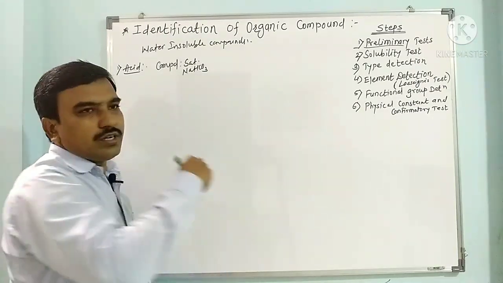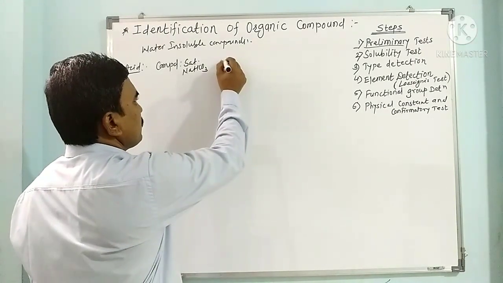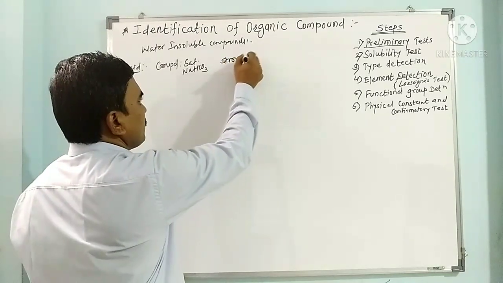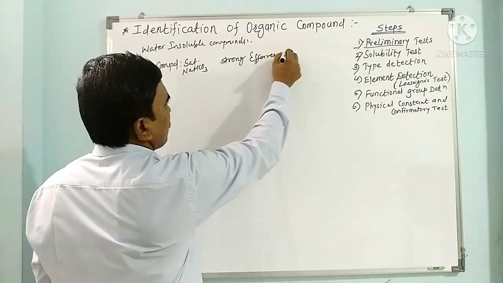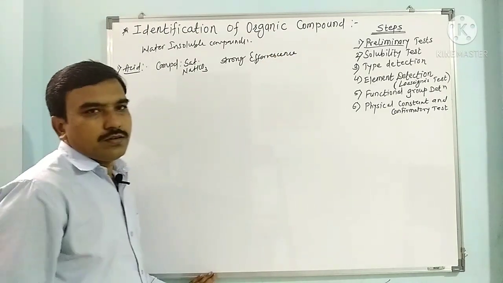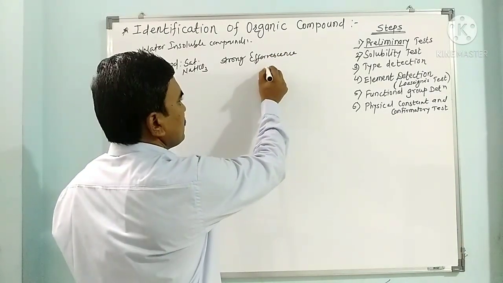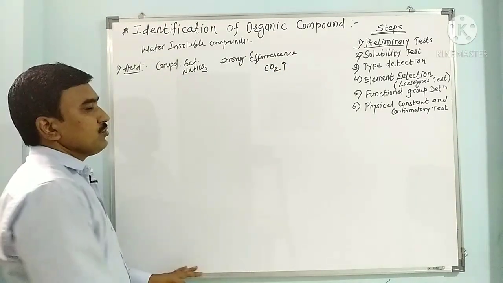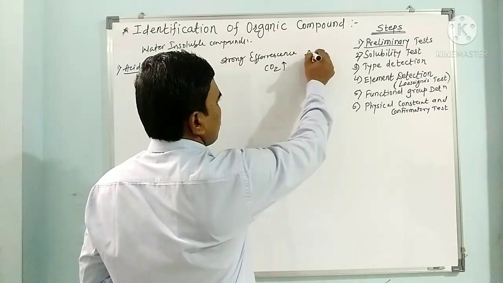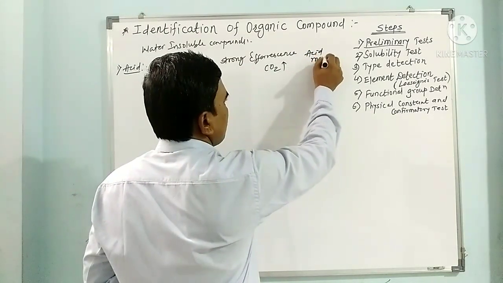Then we get strong effervescence. This strong effervescence we obtain is due to the evolution of CO2 gas. So we can say acid may be present.